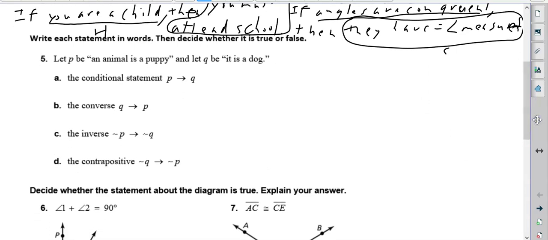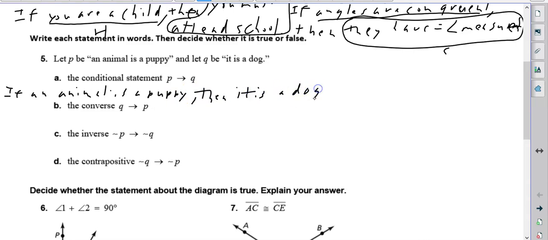Write each statement in words, then decide if it's true or false. So let P be an animal is a puppy, and let Q be it is a dog. So P, then Q. So if an animal is a puppy, then it is a dog.